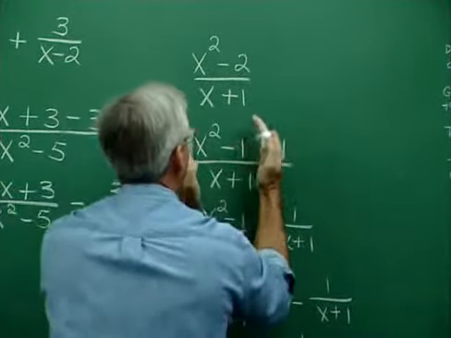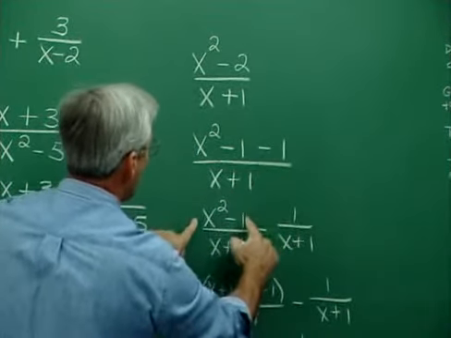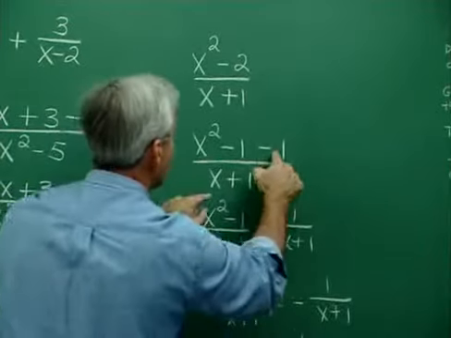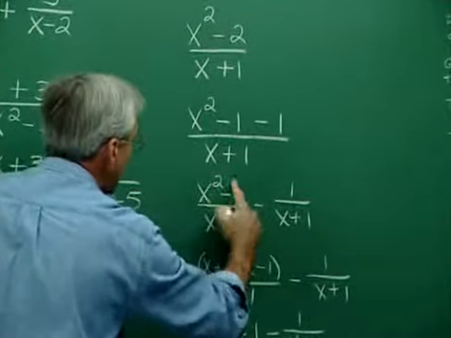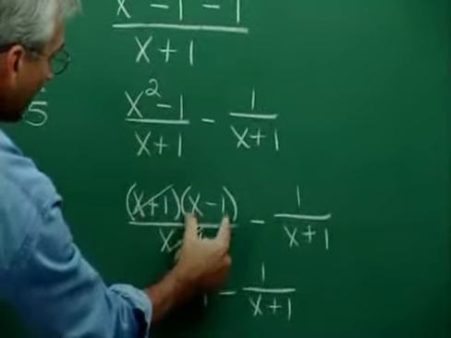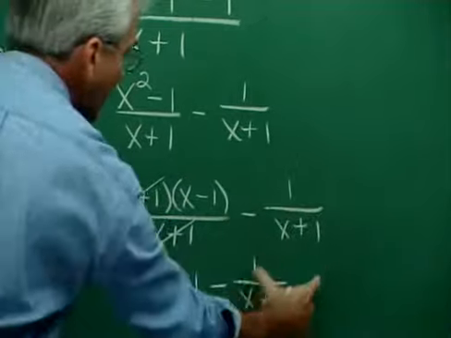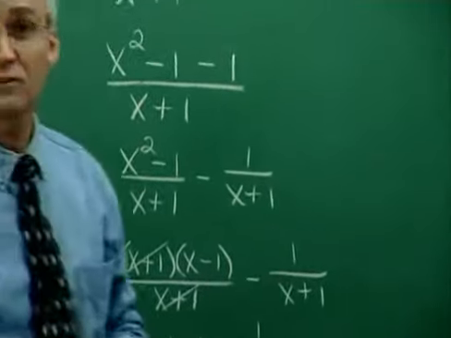And now separate fractions like this. You see, so x squared minus 1 over x plus 1, and then the minus 1 over x plus 1. And here we factor into x plus 1 times x minus 1. These factors go out, and we're left with x minus 1, and we just bring this fraction down. Rather interesting kind of manipulation, wouldn't you say?